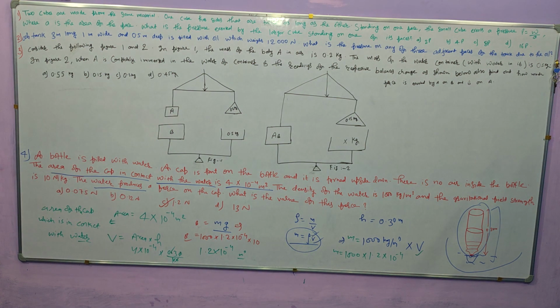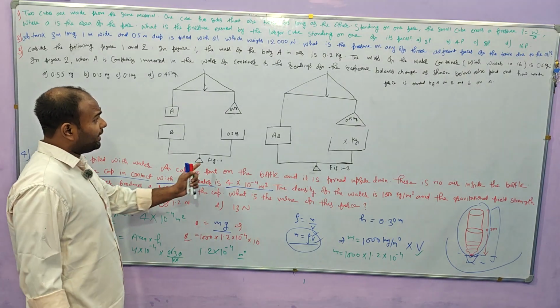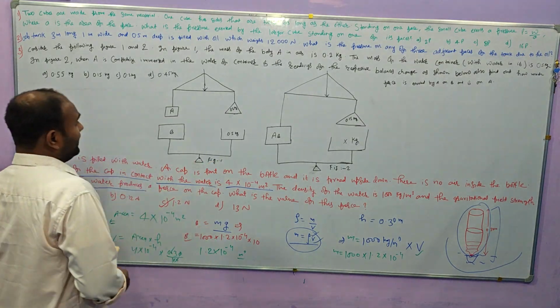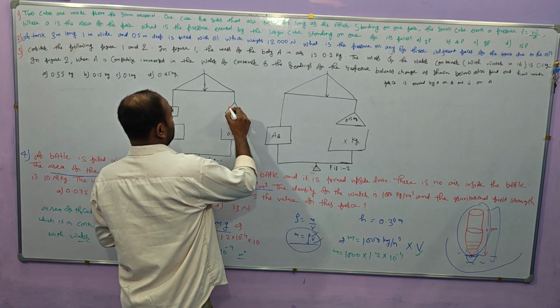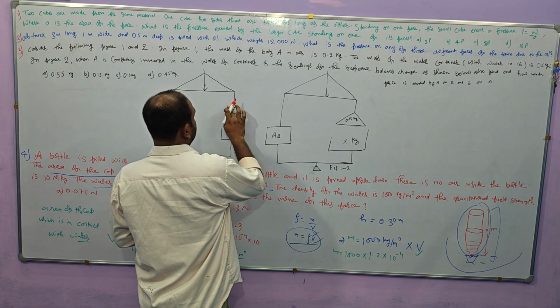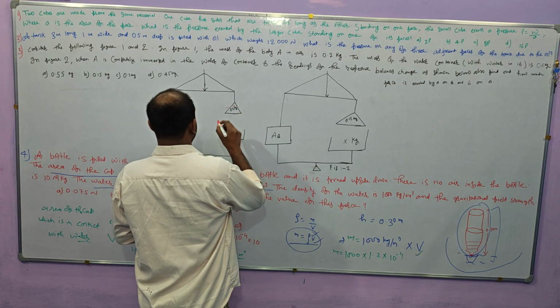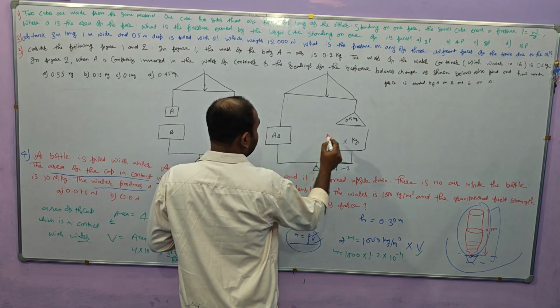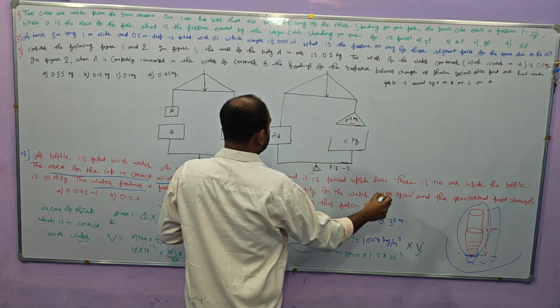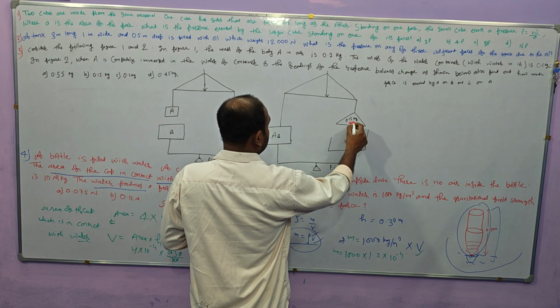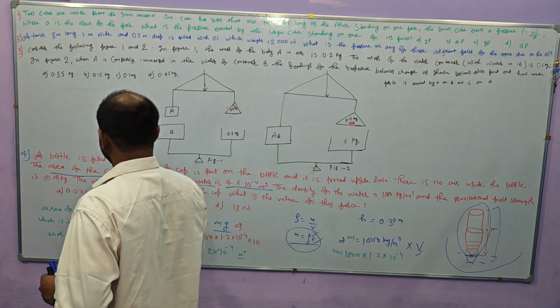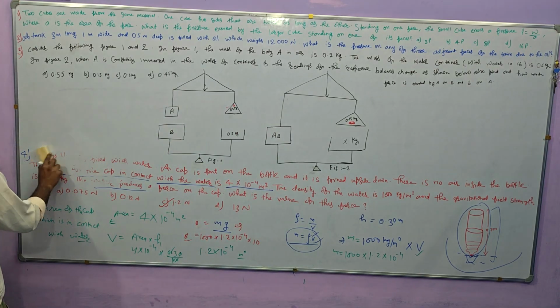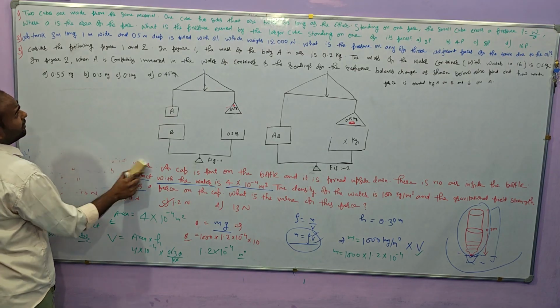Now in another question, we have figure 1 and figure 2, and there is a meter here. Basically there is a meter that shows the weight. Consider the following figure 1 and 2.